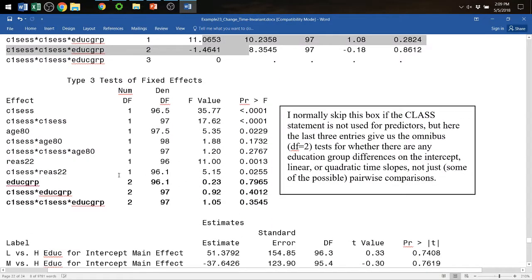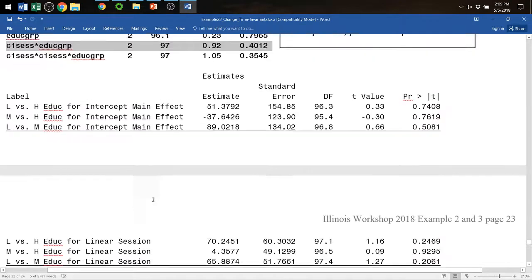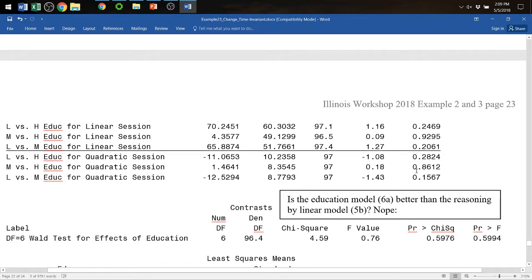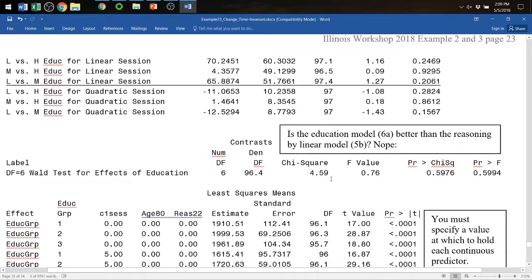I also get a box that I haven't been printing because it's been redundant up to this point: Type 3 tests of fixed effects, your omnibus tests. That's a multivariate Wald test for the 2 effects of education together in predicting the intercept, the 2 effects of education together in predicting the linear slope and the quadratic slope. And then down here, we get the specific differences between the groups, none of which is significant.